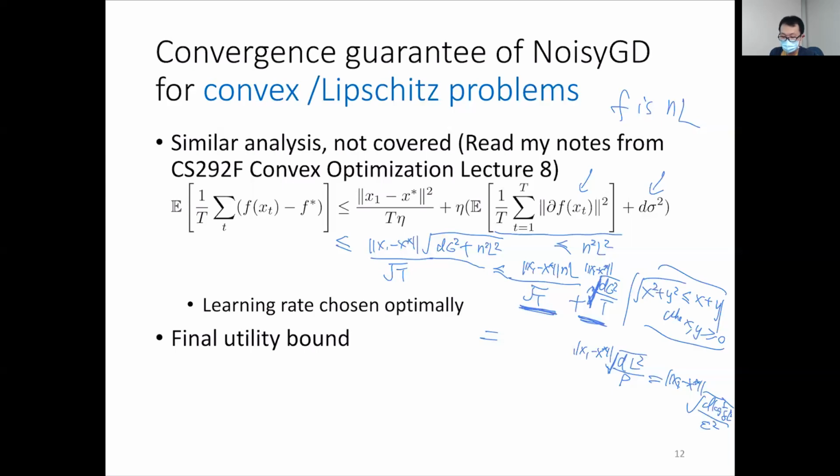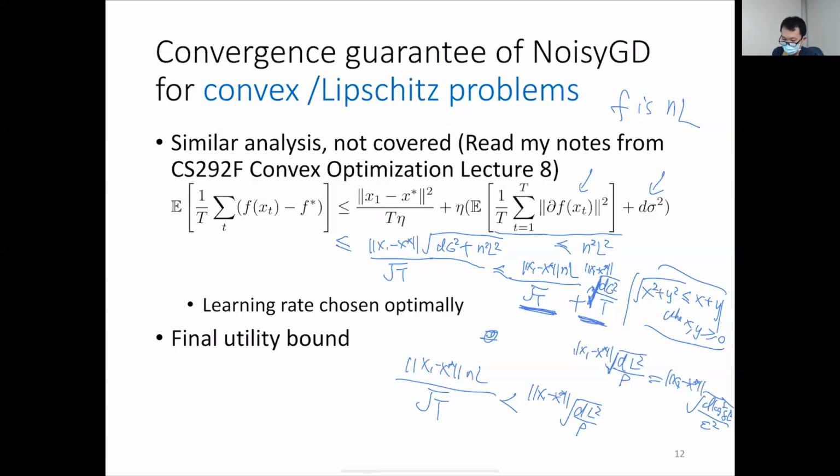But what we can do is to still calculate what is a marginally sufficient number of iterations for us to obtain the right rate up to a constant factor of 2. So in order to do that, we need to set this NL over square root of t to be smaller than square root of d L square over rho.